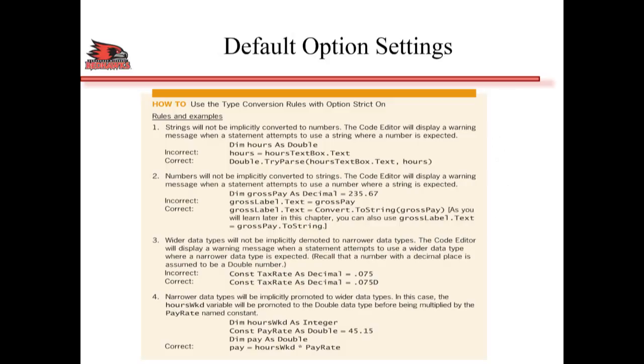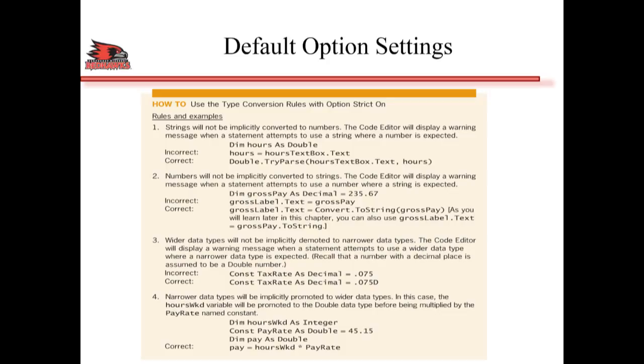And so the default option settings are that explicit is on, strict is on, and infer is generally off, so that strings will not be automatically converted to numbers. You need to have some sort of code to do that, and numbers will not be automatically converted to strings, so vice versa. You need something like try parse or some kind of code to do that.